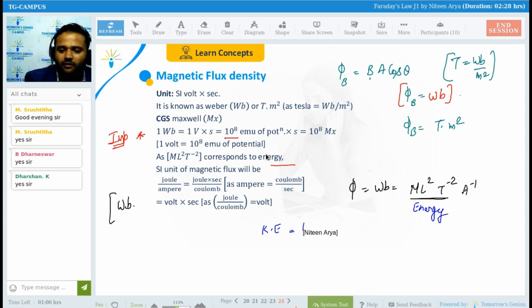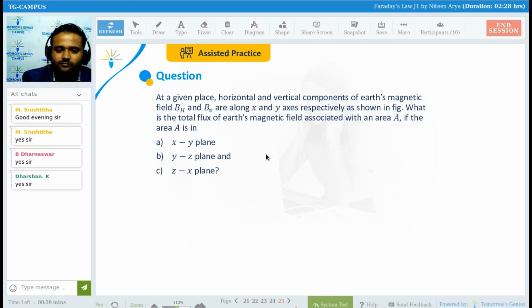So KE is half m v square, which is ML2 T minus 2, because v is L T minus 1. Is this clear, everyone? That is how you can correlate everything. You understand this page more when you revise the concept of dimensions and units.